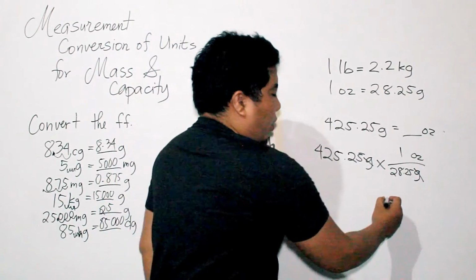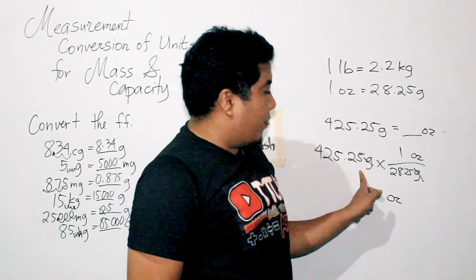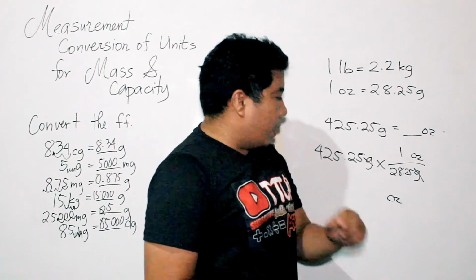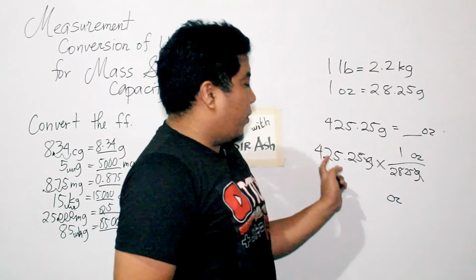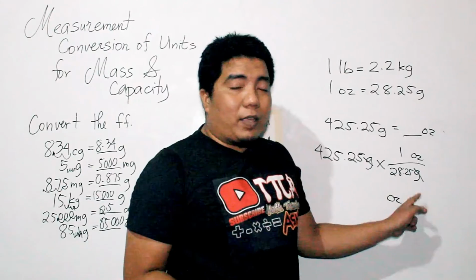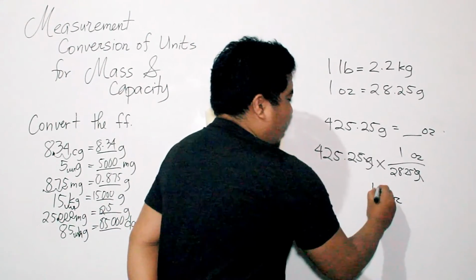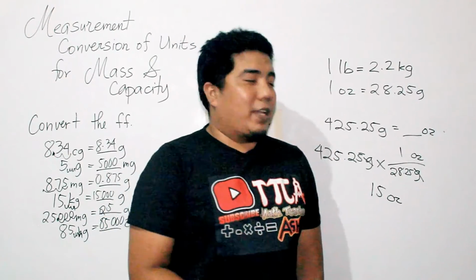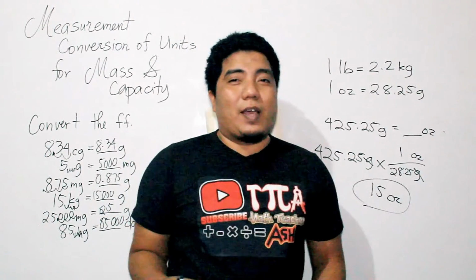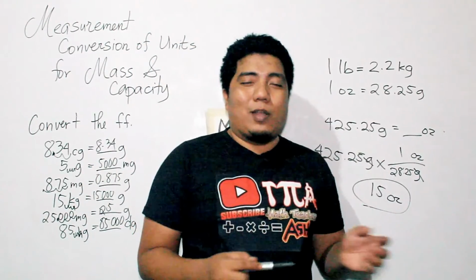You will have your ounce as your unit of measure. So, 425.25 times 1 divided by 28.25. So, if you divide 425.25 by 28.25, basically, you will have 15 ounces. And this will be your conversion value for 425.25 grams to ounce.